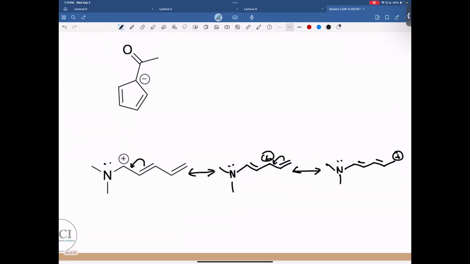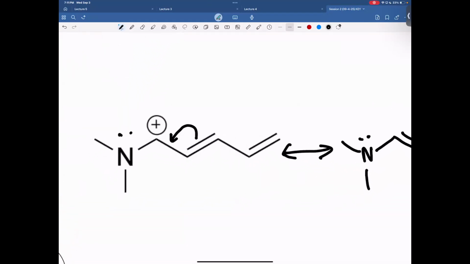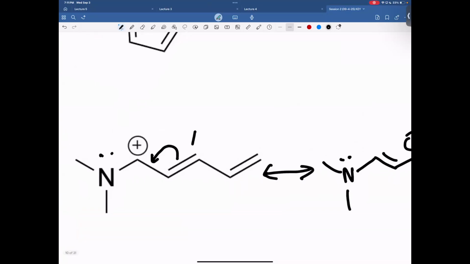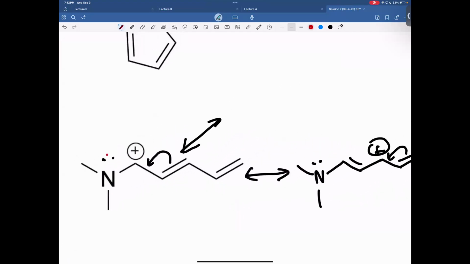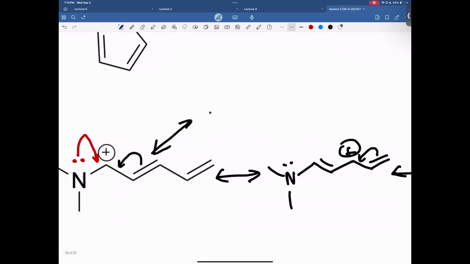Now, like I said, we could also start from the lone pair, right? So I'm going to go back to the original structure, and I'll use a different color to highlight the arrow pushing mechanism. But we can take this lone pair and then we can make a double bond here, actually, is nitrogen, which is going to make that.